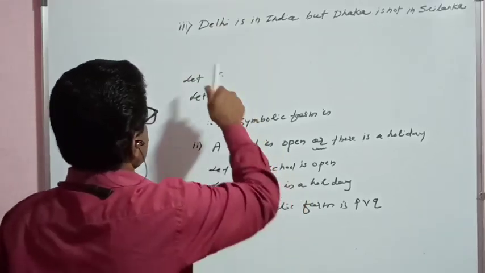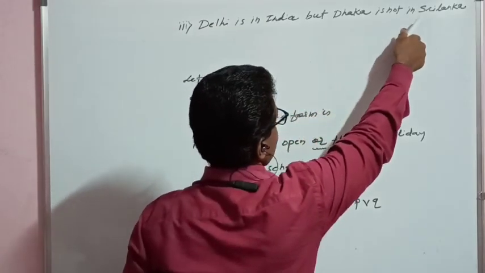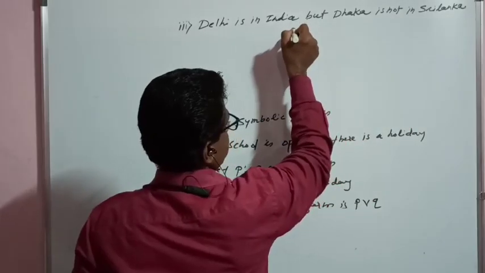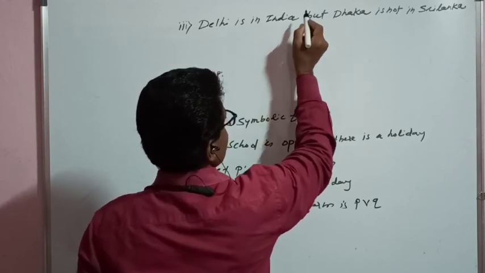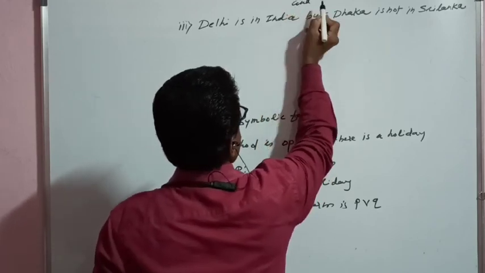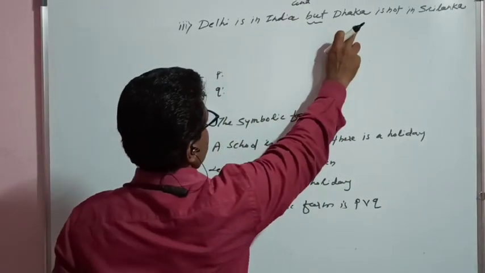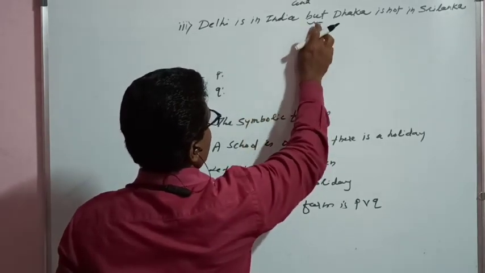So example number 3 is what? Delhi is in India, but Dhaka is not in Sri Lanka. Now this is a conjunction. Another equivalent word which is used for and is what? But. So a compound statement which is combined by using the word but is nothing but what?